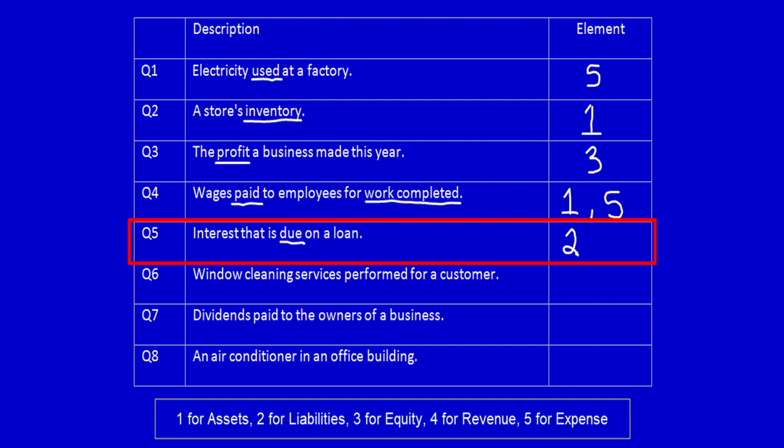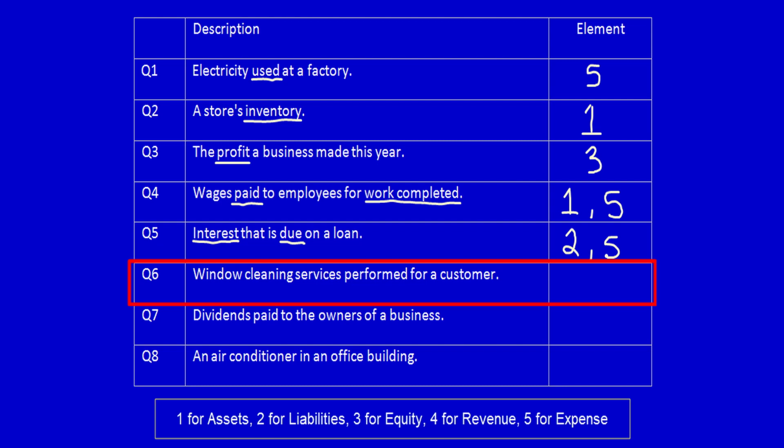The key word for this transaction is not loan, which is what most students say, it's interest. Interest is due because you had the use of somebody else's money. So interest is the expense for using somebody else's money. 5.